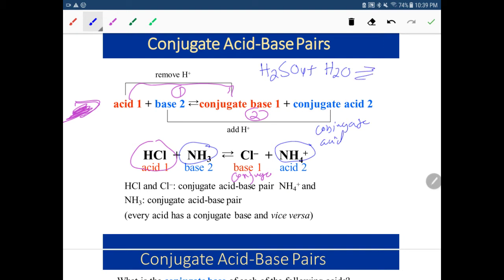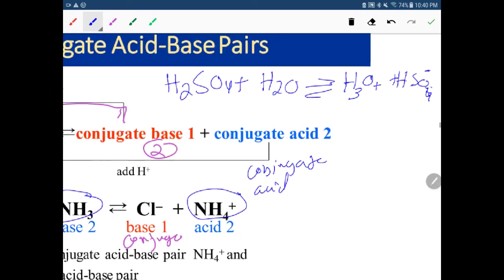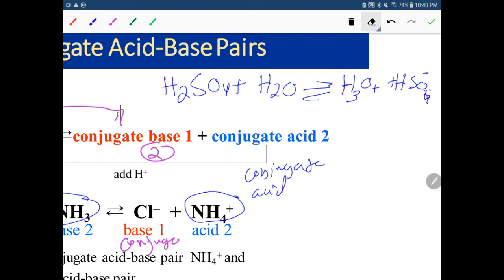When these react, they will form H3O plus and HSO4 minus, right? You don't have to know how to do this reaction, it's not part of your curriculum, but this is just another example of a conjugate acid base pair.